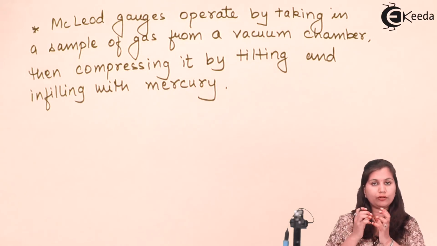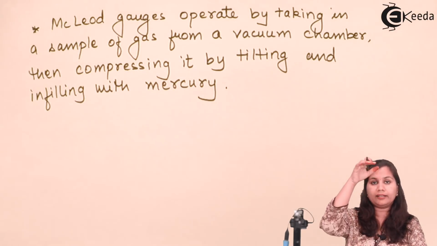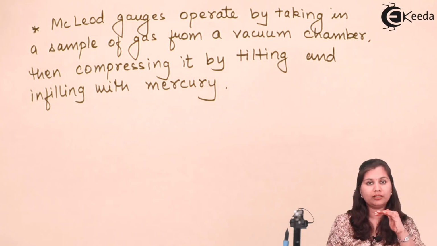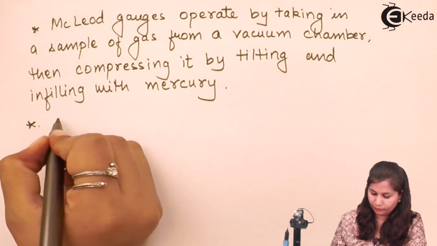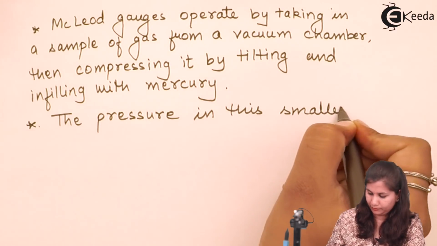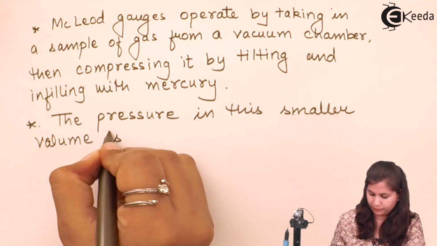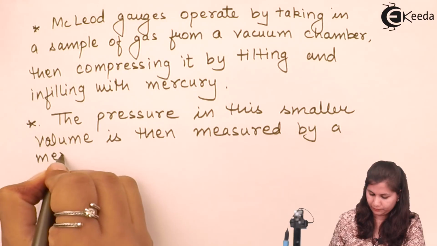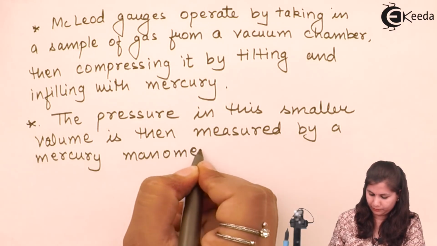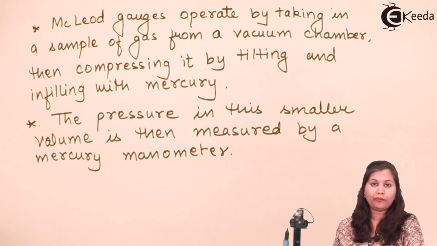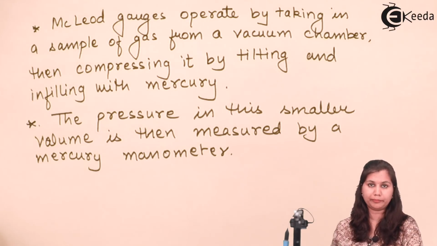So we know the initial volume of the gas which we have taken, and when we are compressing it, we know what will be the final volume of the gas after the compression.